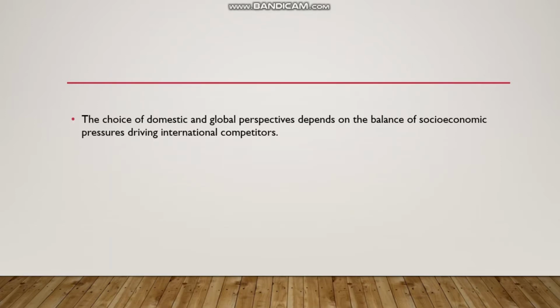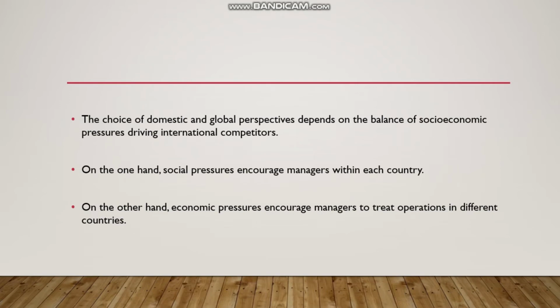The choice of domestic and global perspective depends on the balance of socio-economic pressures driving international competitors. On one hand, social pressures encourage managers within each country to be responsive to the unique cultural and political circumstances in their narrow slice of the overall world market. On the other hand, economic pressures encourage managers to treat operations in different countries as part of a greater whole that must be managed for overall efficiency.